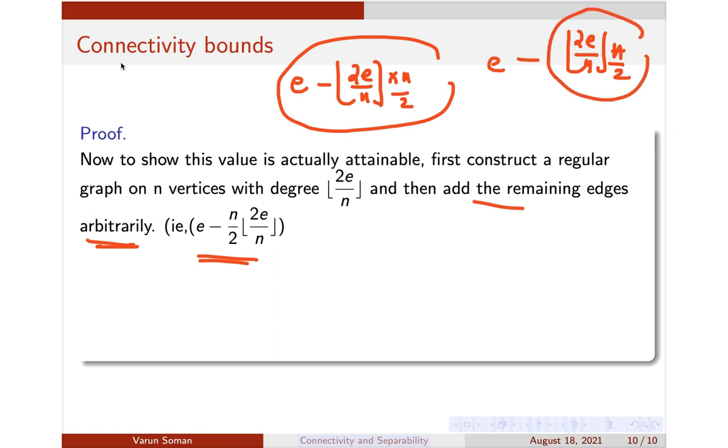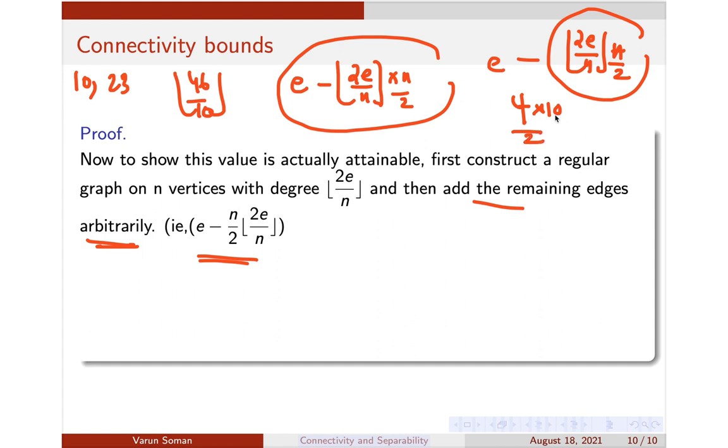For example, in the earlier example we had 10 vertices and 23 edges. I took 46 by 10, so I took 4 degrees and distributed 4 degrees to all the 10 vertices. But each edge has been counted twice, so I write 4 into 10 by 2.